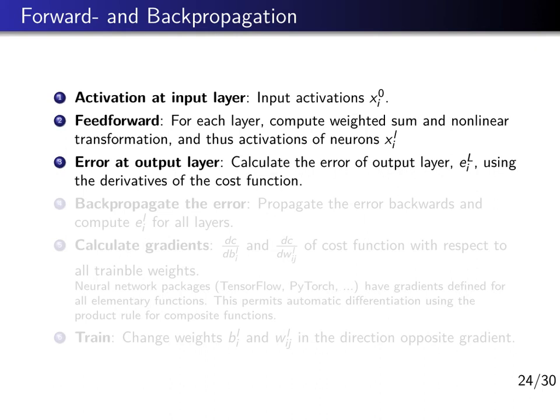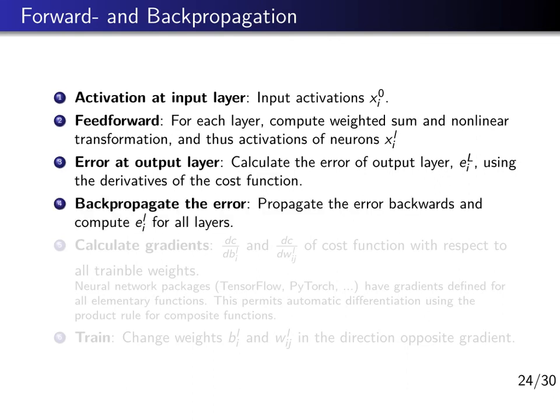Finally, we have reached the output layer. We compute the loss function. We compute the error at the output layer, which uses the derivative of the loss function and the derivative of the activation function.